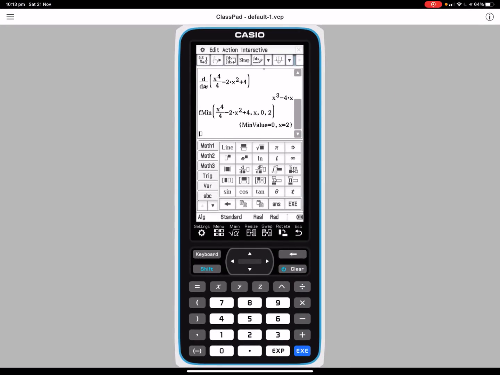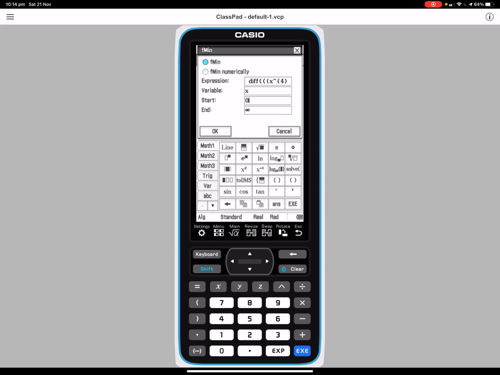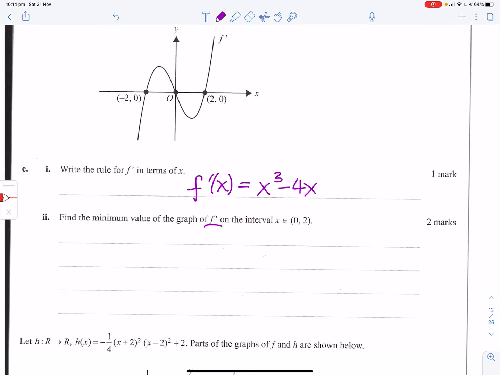So we've got to find the minimum of the derivative. So we know that's the derivative, and we want to find the minimum between 0 and 2. So this is another thing VCAA are not supposed to do. It's the second derivative. So we know f double dash of x equals 0 between 0 and 2, because we know it's a minimum.